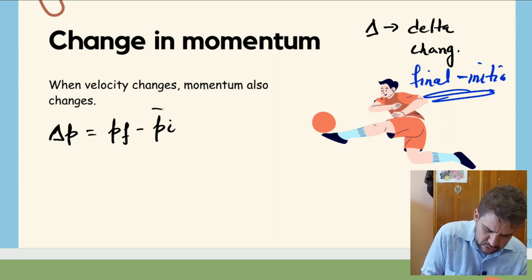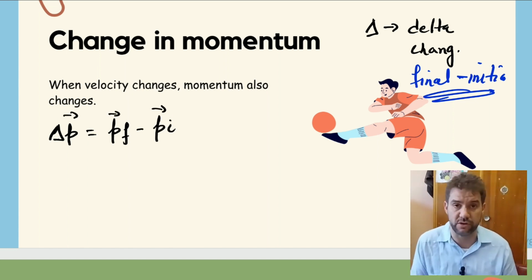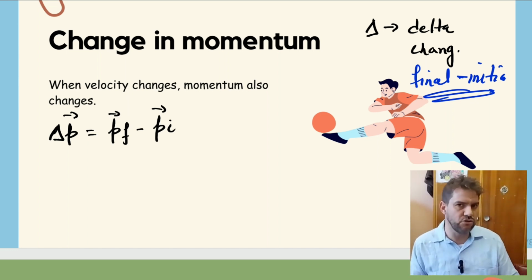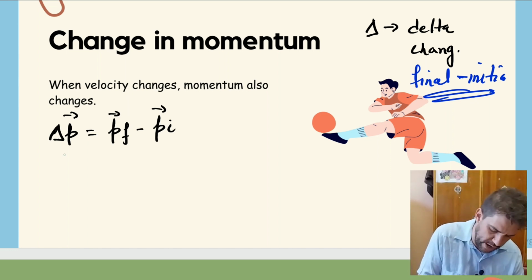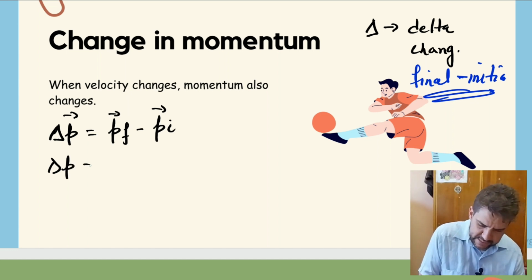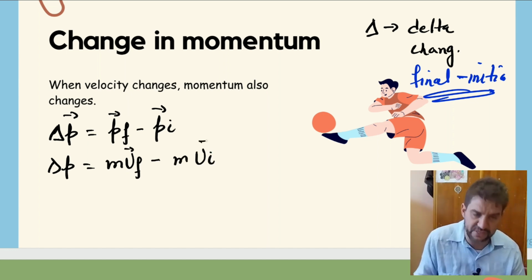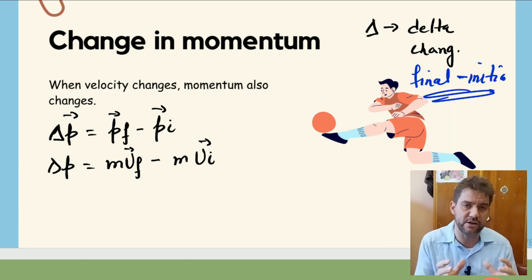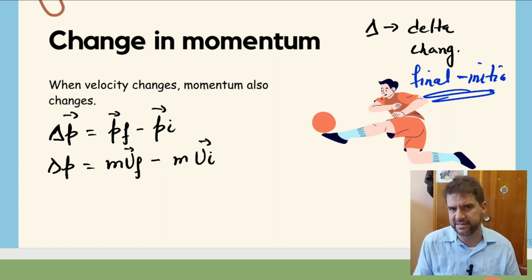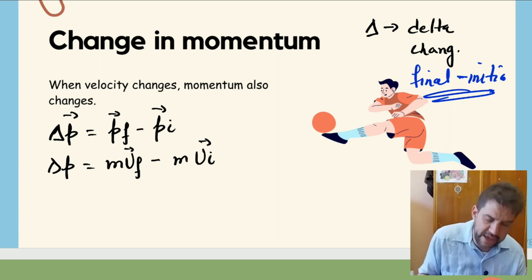I am going to keep the vector notation, guys. Now, if we substitute the definition of momentum, we have that the change in momentum is equal to mass multiplied by the final velocity of that object minus mass multiplied by the initial velocity of that object. We're speaking about one object, therefore the mass is the same, so we can use the common factor.